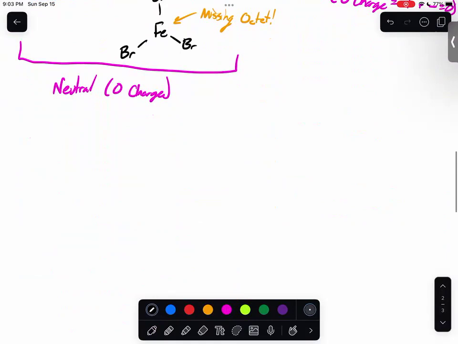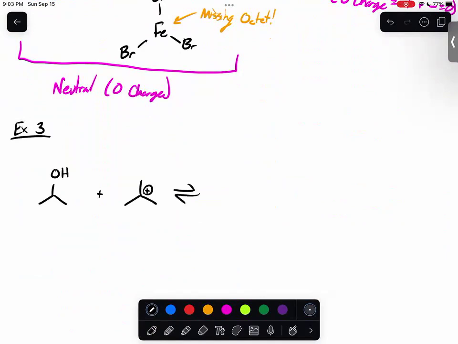We can look at another example of something that's very uncommon, but is a possibility, right? So let's say that we ran into a situation such as this here. So looking at this reaction, we see the right-hand reactant is a carbon with a positive charge. And as we've seen many times with these, this is missing an octet, right? It's just a carbon that doesn't have all of the electrons it needs.